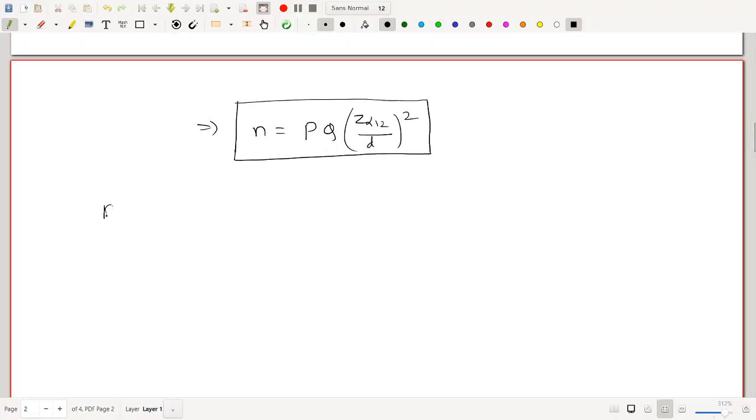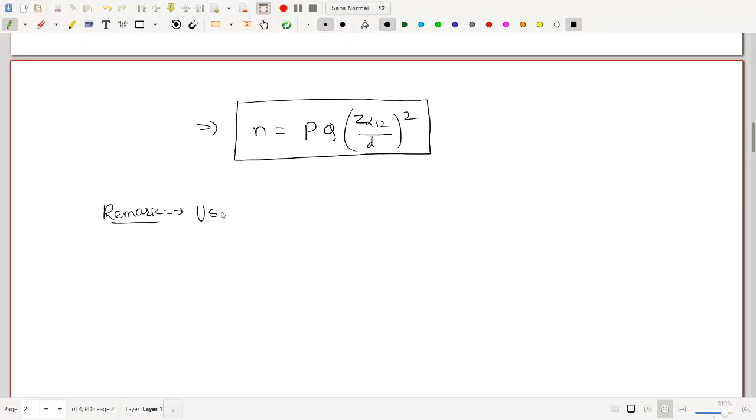So remark: small p is obtained from the sample. We can put the estimators small p and small q, and then we get the formula for sample size.